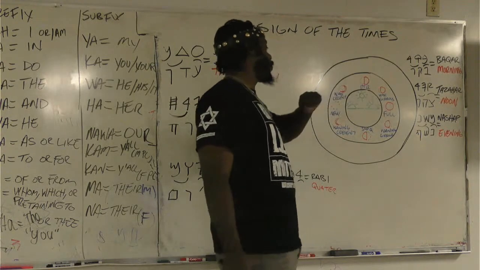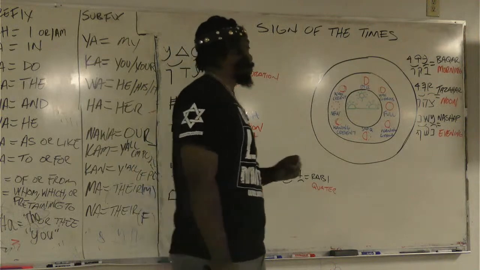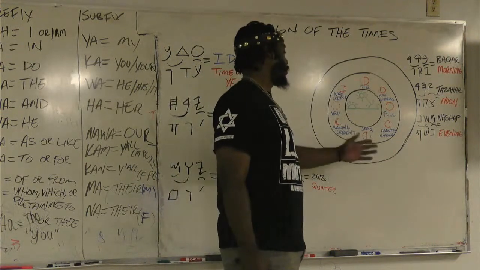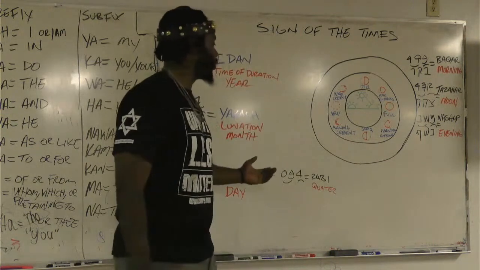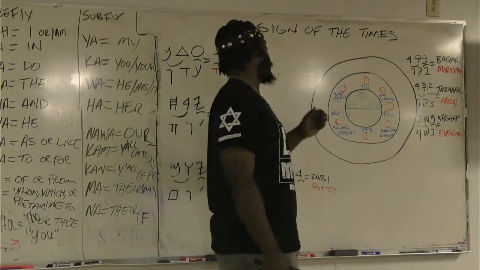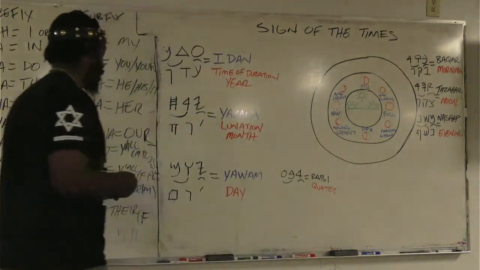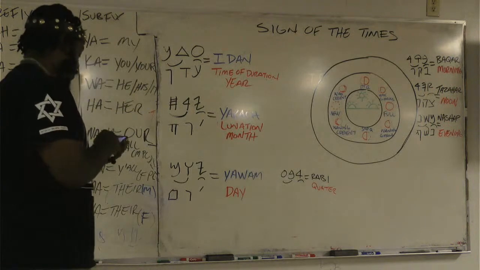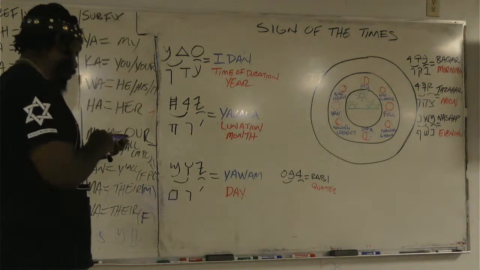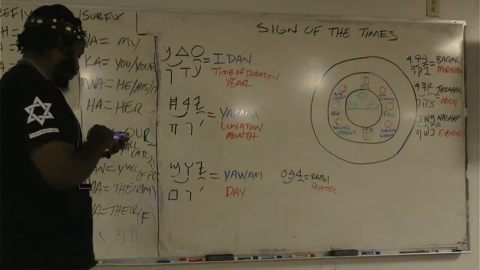The second quarter is the full moon. The third quarter, of course, is Shalash Rabbi, and then you have the new moon. I'm going to give you a couple of terms dealing with the lunation in time.